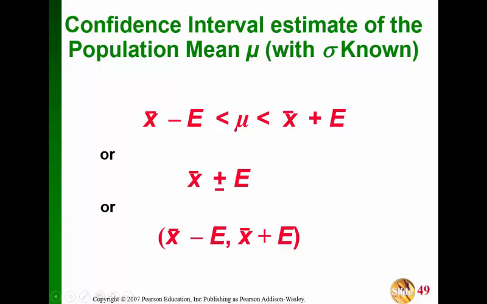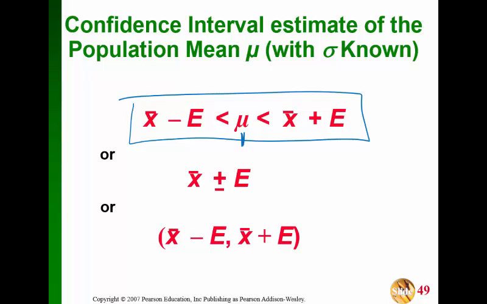And I like this notation over here because I'm forcing you to tell me what the population parameter is that you're finding the confidence interval for, and that is mu.